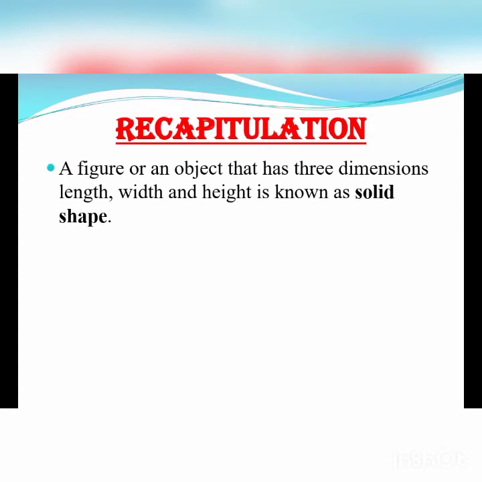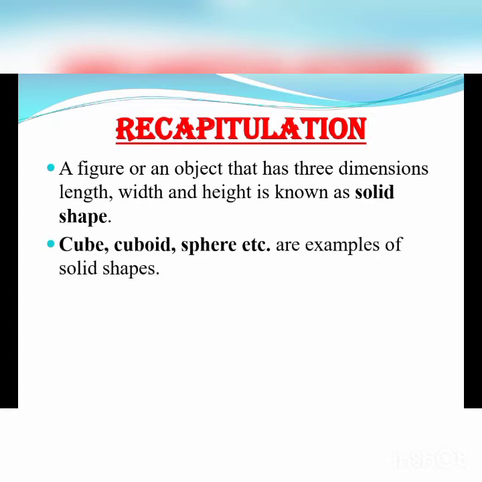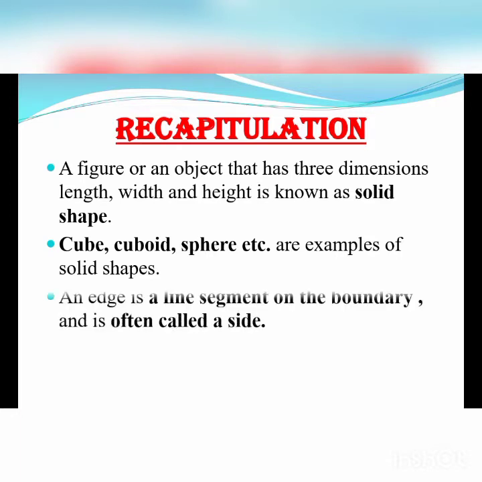A figure or an object that has 3 dimensions, length, width and height, is known as solid shape. Cube, cuboid, sphere, etc. are examples of solid shapes.